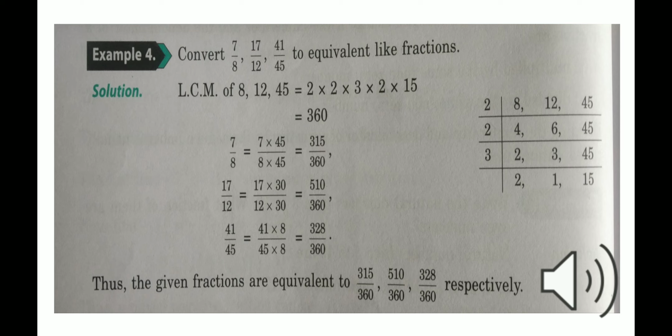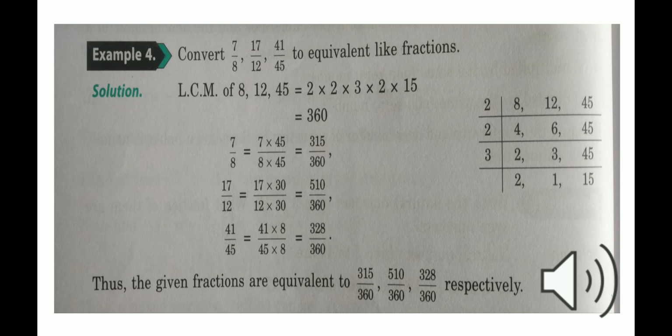Okay. Now take the first fraction and multiply by the number which we get on dividing 360 by the denominator of the first fraction. So 360 by 8, you get 45. So you have to multiply both numerator and denominator by 45 to change the first fraction to equivalent fraction. So it comes to 315 upon 360.